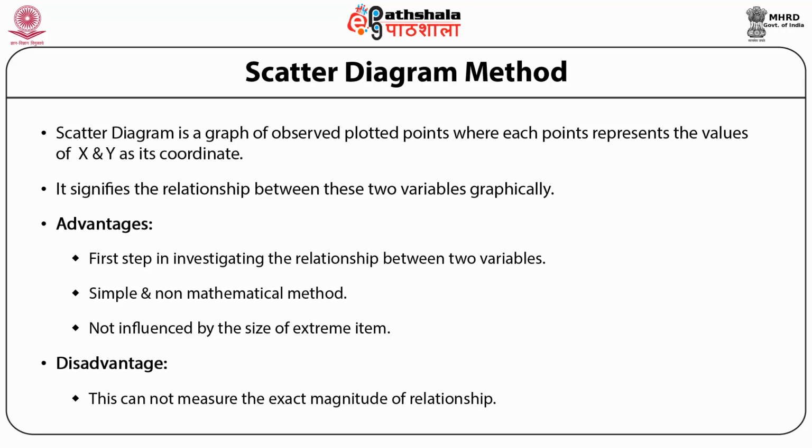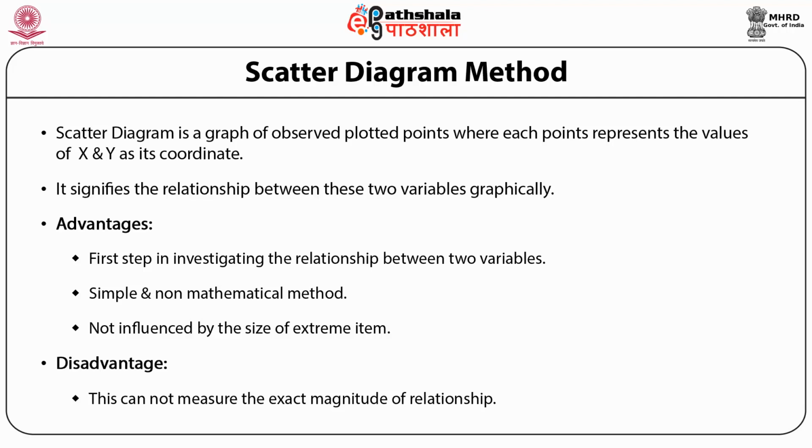With the help of the scatter diagram, we can only get an idea about the type of the relationship, whether it is positive or negative. But the exact magnitude of the relationship cannot be revealed with the help of the scatter diagram.